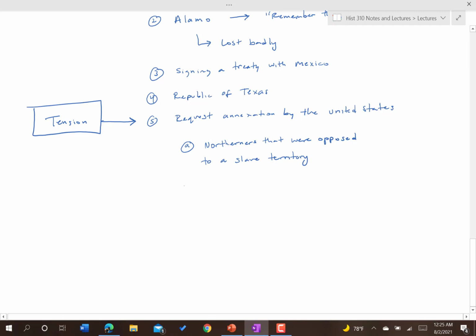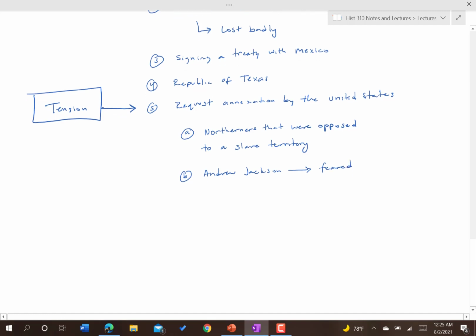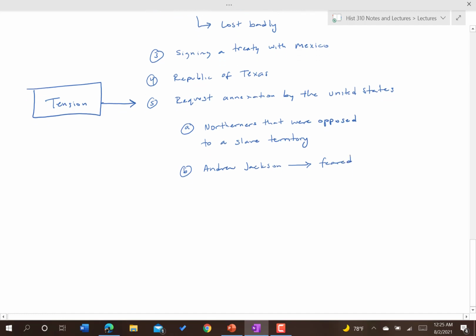And this was then also connected to Andrew Jackson and his fears. He feared that annexation would lead to sectional crisis, which I guess, in that sense, he was right.